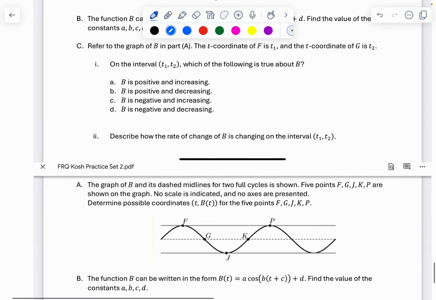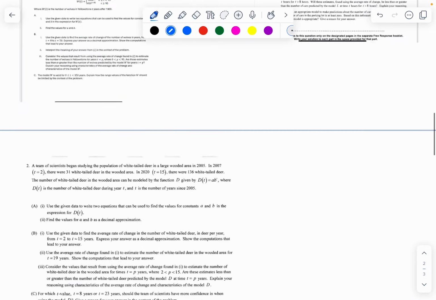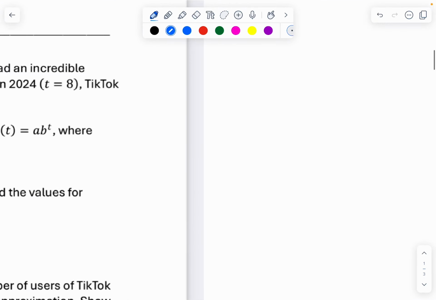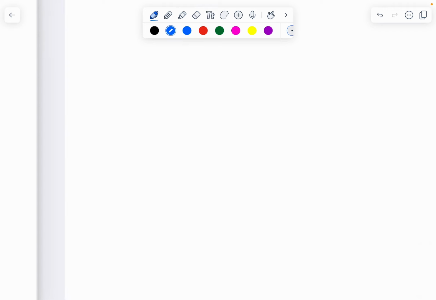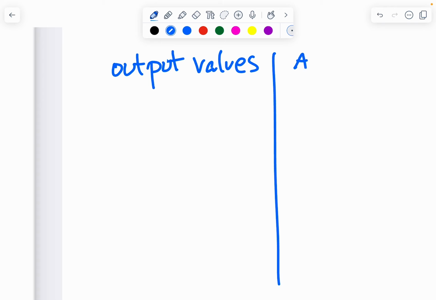So what I would suggest that you do as you start, you could write this at any point, but I have been drawing this little table, or kind of a table, where we talk about the output values of the function, and then we compare it to the average rate of change.